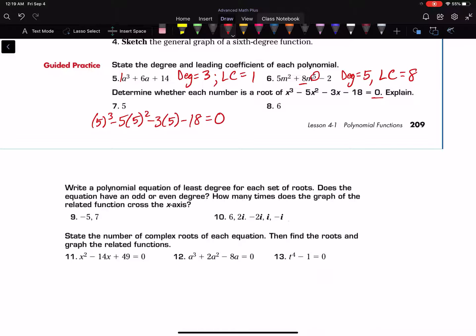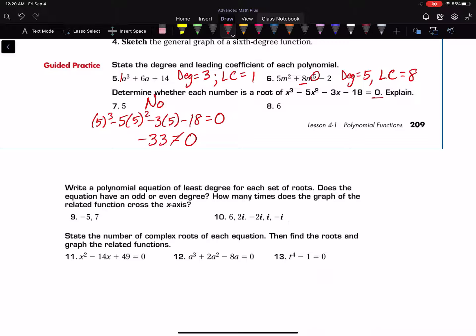Does that equal 0? Well, we simplify it. Let's see here. That would be negative 33, and negative 33 does not equal 0. So this one would be no. It is not a root or a 0, however they say it.